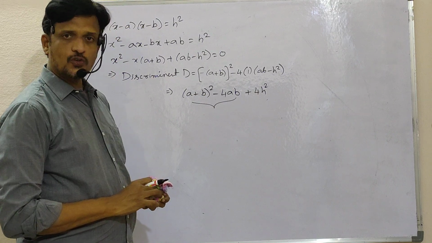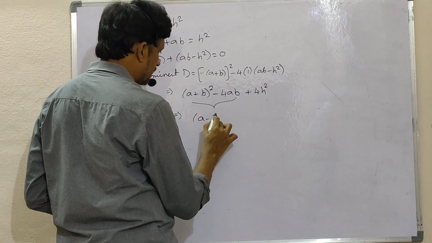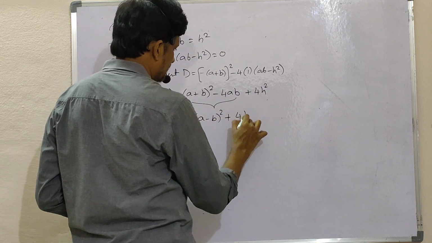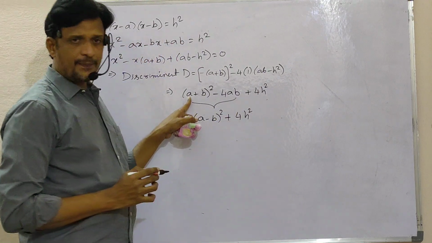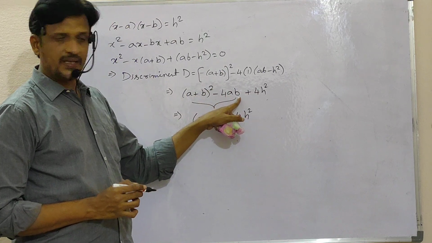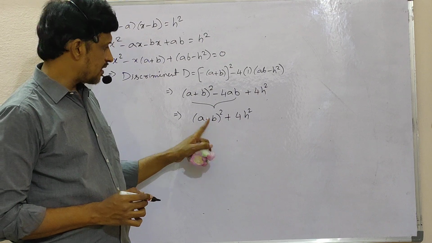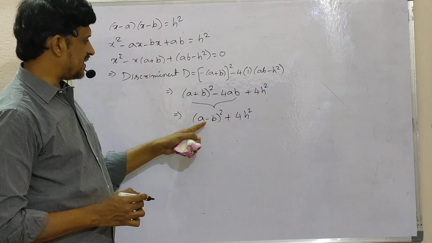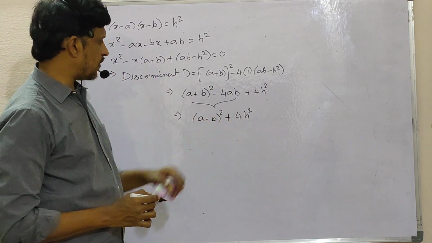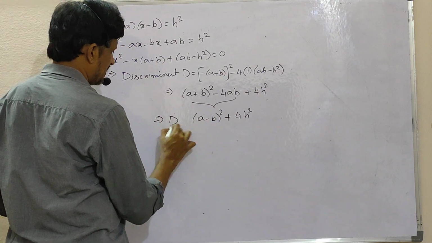A plus b whole square minus 4ab will be a minus b whole square, because this is a square plus b square plus 2ab minus 4ab will be minus 2ab. That gives the expansion of a minus b whole square. So the given discriminant is a minus b whole square plus 4h square.